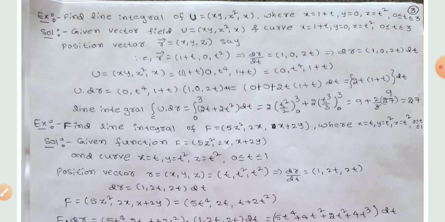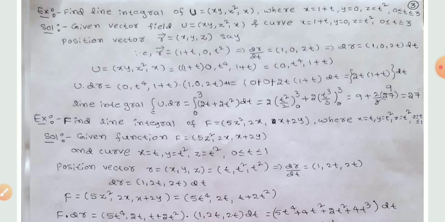For this, the solution: the given vector field is u = (xy, z², x), and the curve is given by x = 1 + t, y = 0, z = t², where t lies between 0 ≤ t ≤ 3.